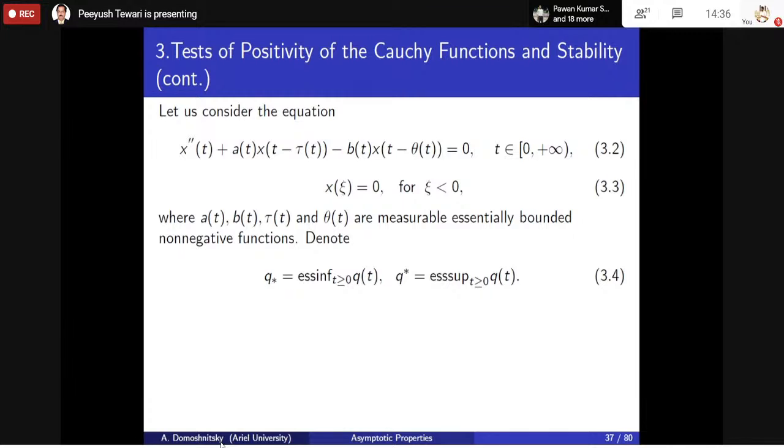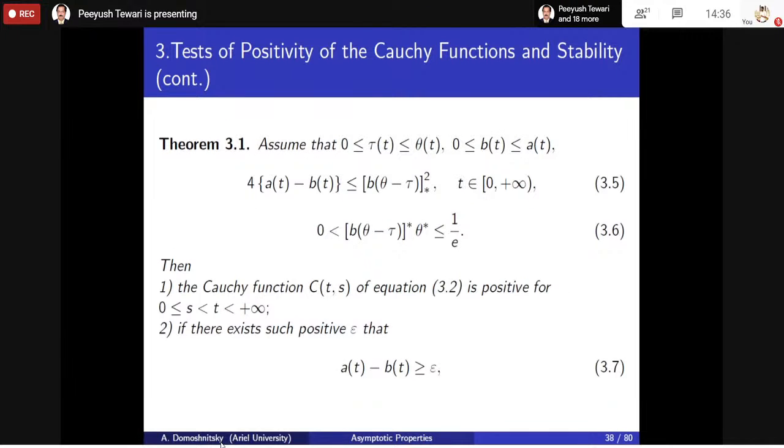Next, please. And we obtain the following facts. Assume that the delay of the positive term is less than the delay of the negative term, and the positive coefficient is greater than the absolute value of the negative one, greater than b(t).